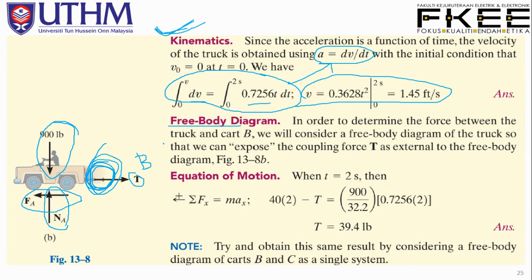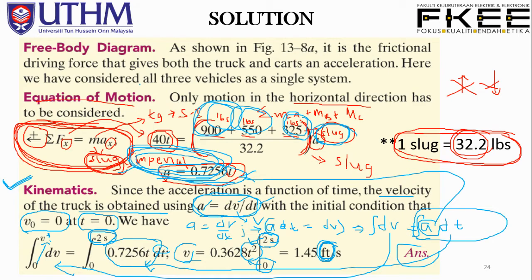We do have the additional force we are going to analyze, which is T, between truck A and cart B. When t equals 2 seconds, the total force in x equals m a x. Again, to the left is positive. We have 40t, which is from the question.